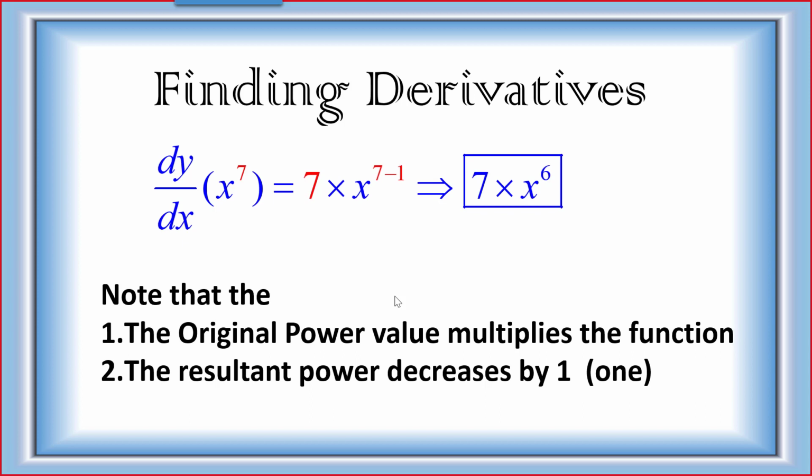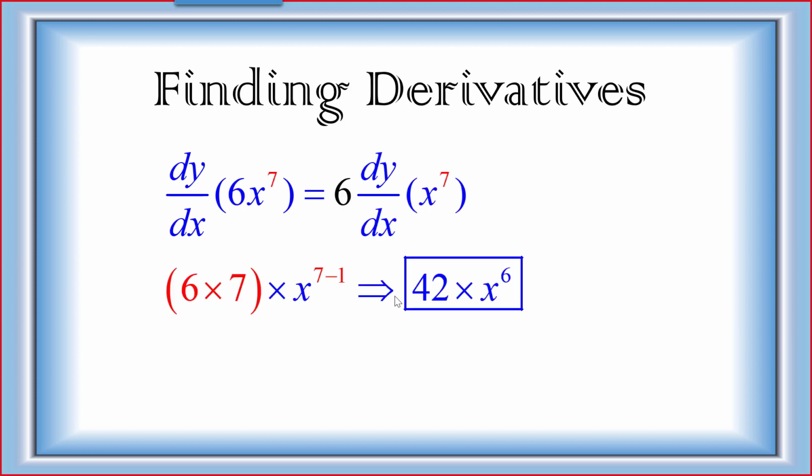So that's pretty straightforward. This one is similar, but this one has a coefficient. Now when we are finding the derivative, a lot of people just leave the coefficient inside. It does not make any difference to the final answer, but I prefer and recommend that we first take the coefficient out. So we are finding the derivative of 6 times x to the power of 7.